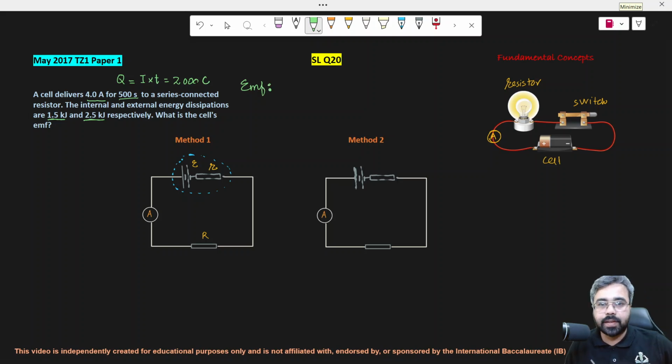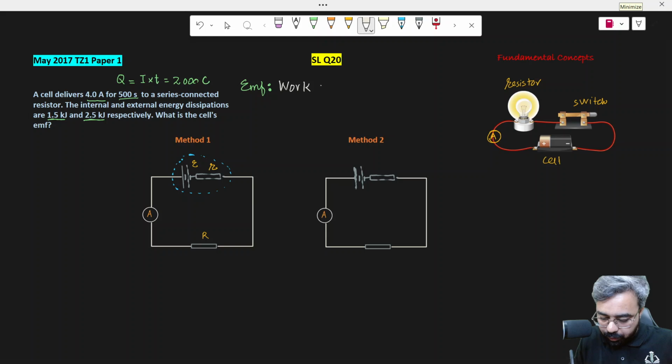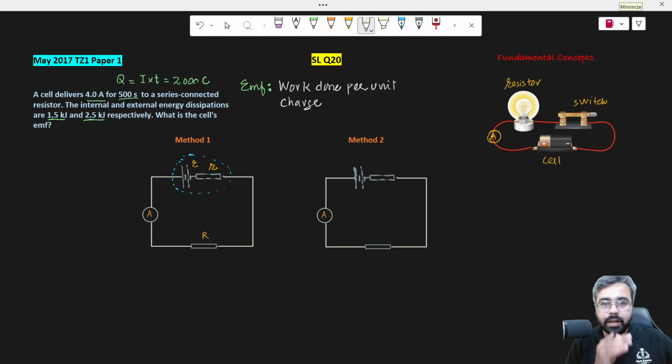EMF is actually the work done per unit charge. EMF is the potential difference of a cell. So we should say it is the work done per unit charge. But remember one thing, this work done is actually the energy delivered.